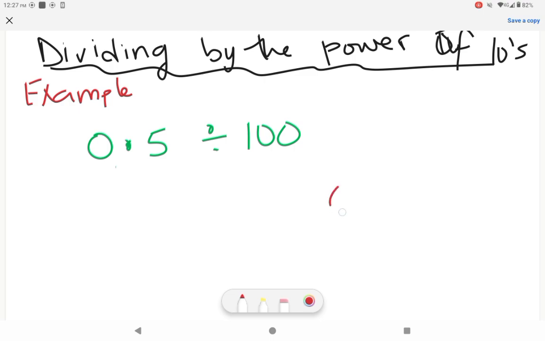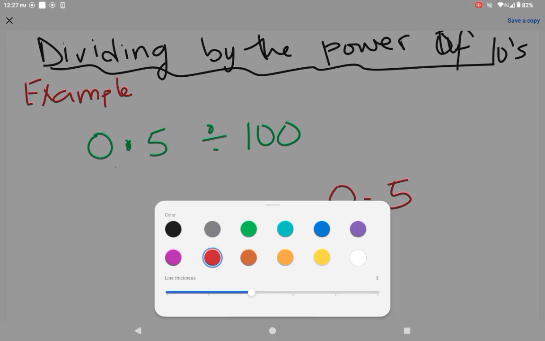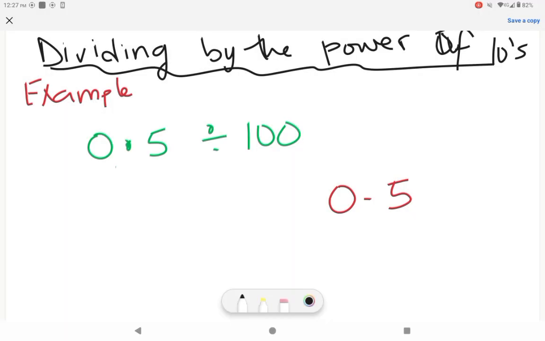So I write my question down: 0.5. I have to jump twice, and I have to start jumping from the ones. The ones is 0 right here, obviously. So jump twice: 1. The second time I'm jumping, there's no digit after the 0, so I still have to complete my jumping. I have to put 0 under it.